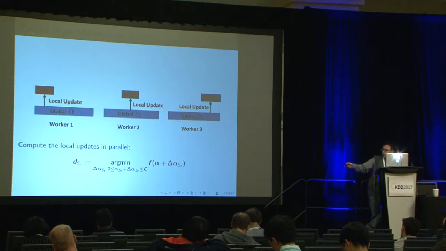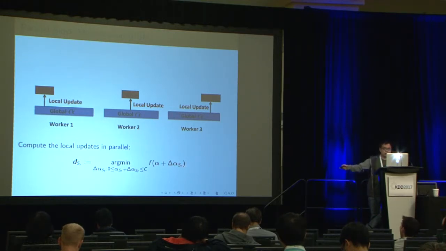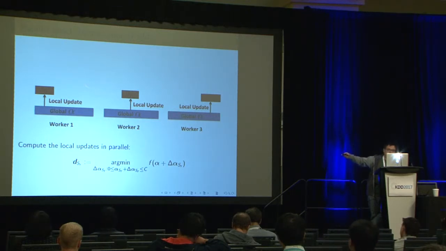So you try to find the best direction to update the subset of the dual variables here, and D_S_r is the direction you get. So the first worker tries to update the first part of the variables, the second worker tries to update the second part of the variables, and so on and so forth.